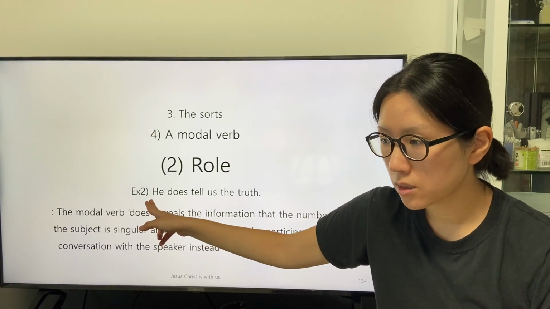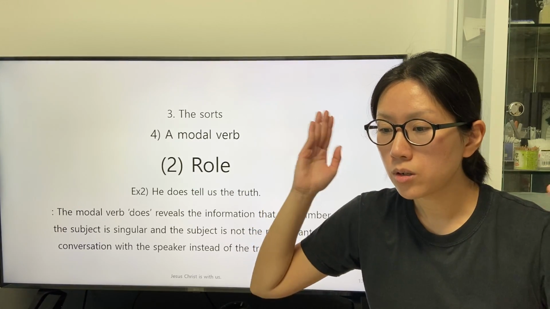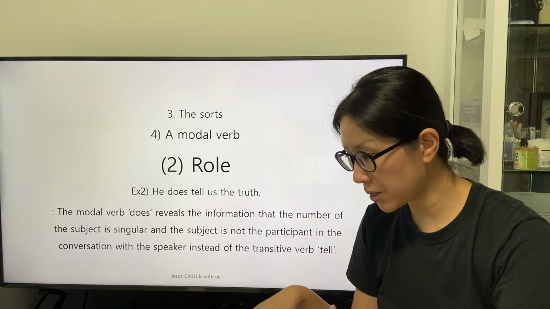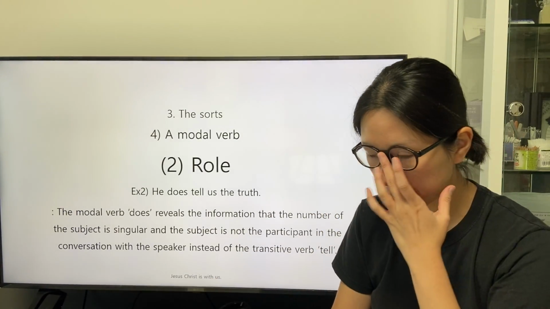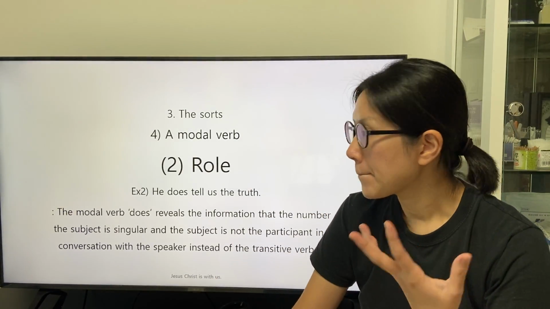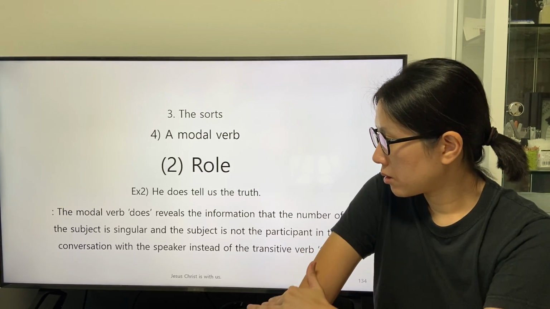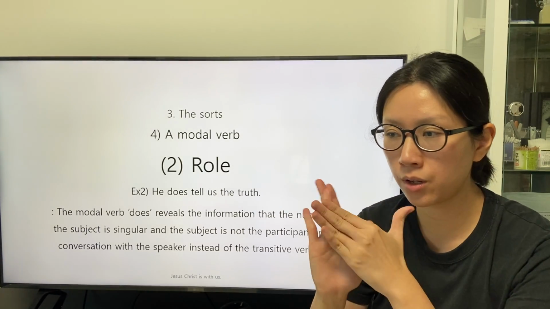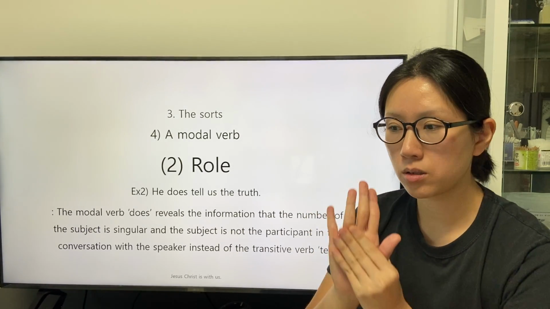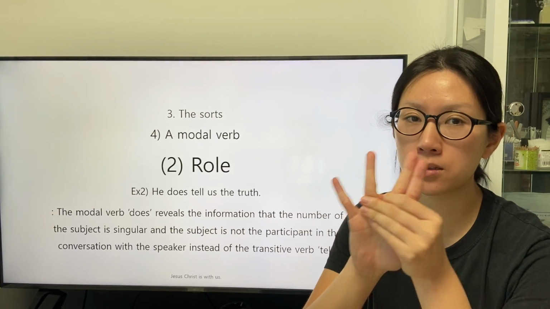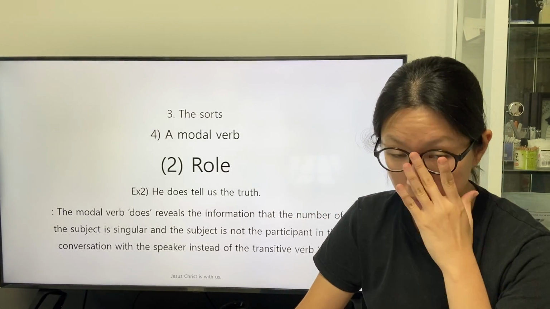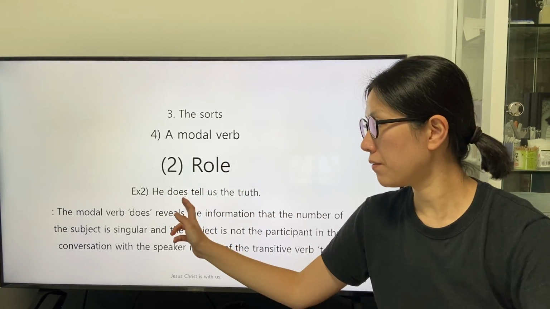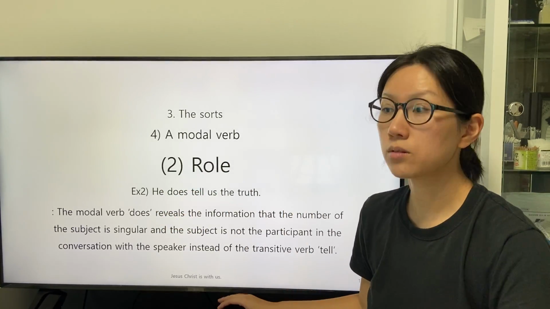The subject who is a male and does not participate in the conversation with the speaker and the listeners occurred with the third sort of the classification for the subject. So we can say that the application of the modal verb does is suitable.